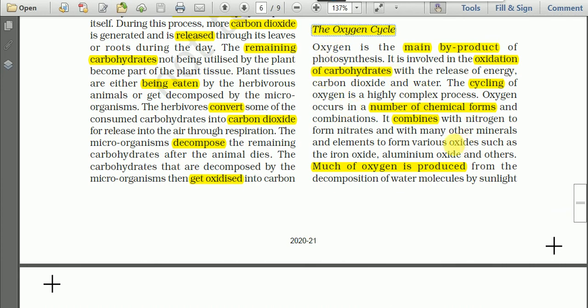The oxygen cycle. Yesterday we talked about the carbon cycle, and this cycle, the oxygen cycle, is also related to the carbon cycle. So let us read.